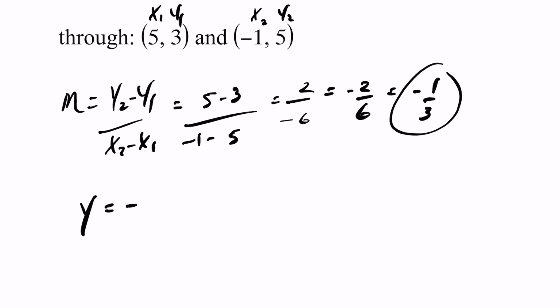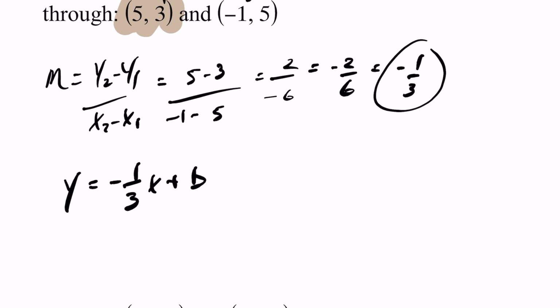So the equation of this line is y equals -1/3 x plus my b value. And again, I can pick one of these points to sub in. It doesn't really matter. I'm going to pick the first point and sub that in and solve for b. So if I sub that in, my y value is 3, and my x value is 5.